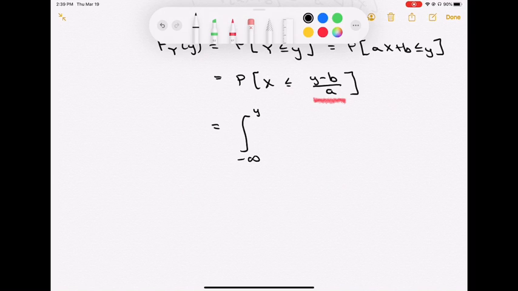So I'm going to have the upper limit on my integral here, y minus b divided by a. And then because we are looking at the probability of X being less than all of that, this is the CDF F_X, just at that (y minus b) over a, something along those lines.